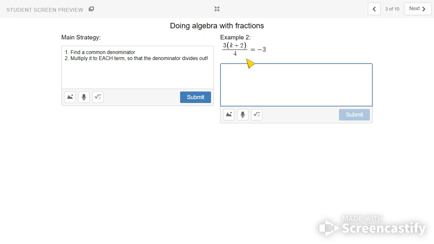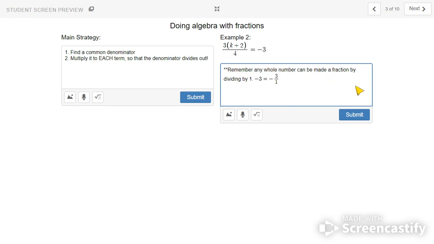Next, we need to find a common denominator. Now remember, any whole number can be made a fraction by dividing by 1. So negative 3 is equal to negative 3 over 1.